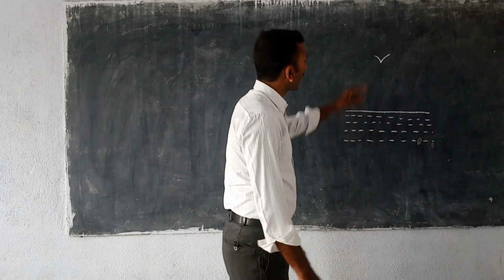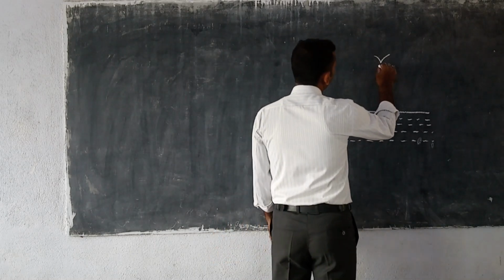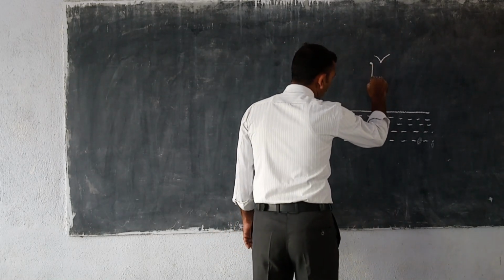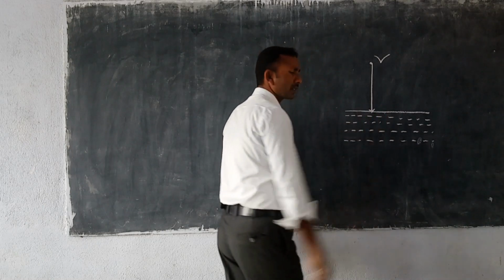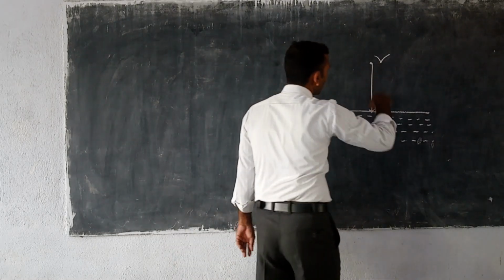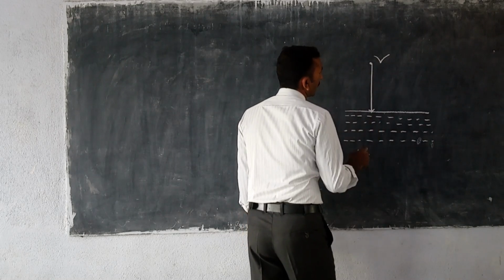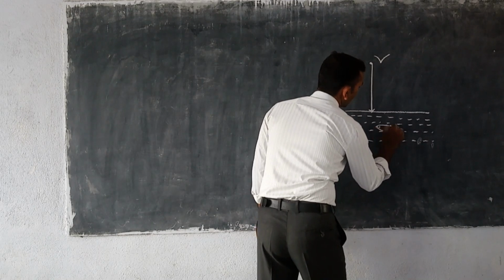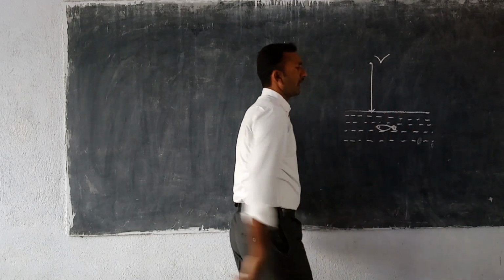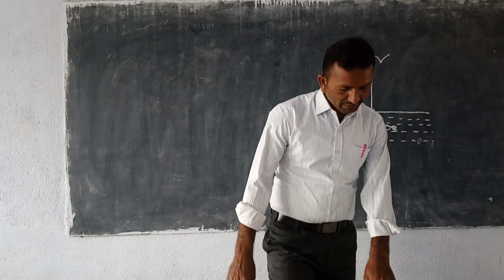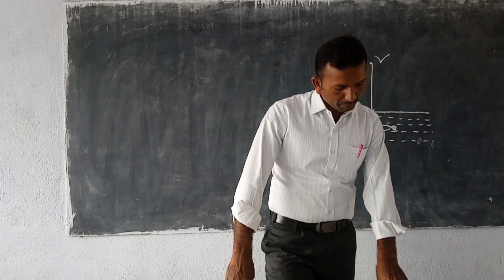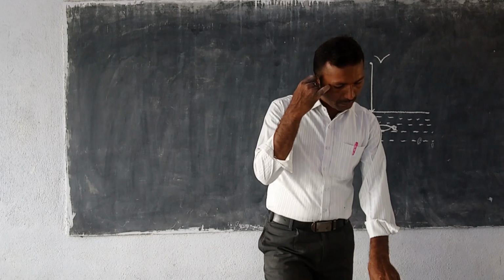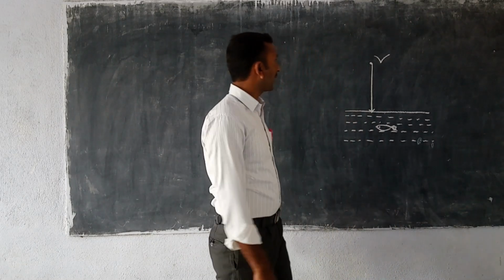The bird is coming downwards towards the water surface, and exactly vertically below it, a fish is here. The question says a bird is flying vertically downwards to the surface of water in a pond with constant speed, and there is a fish inside the water. If that fish is exactly below the bird, how will the bird appear to the fish?